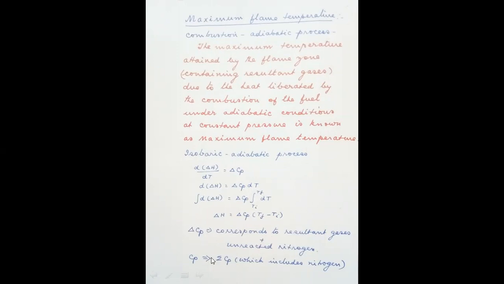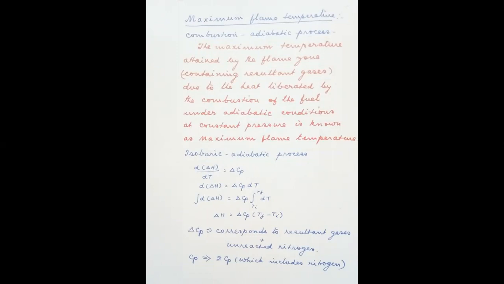This is very important, because when a flame is burning, it contains all the resultant gases after burning. And as it takes the oxygen molecule from the atmosphere and burns, what is left in the atmospheric air is 78% nitrogen. So the nitrogen also plays an important role in changing the heat capacity of the resultant gases.